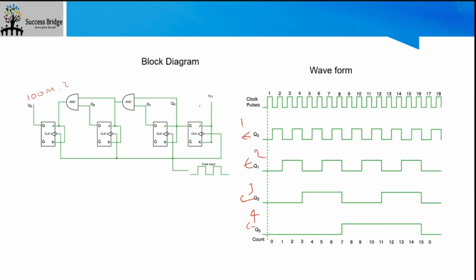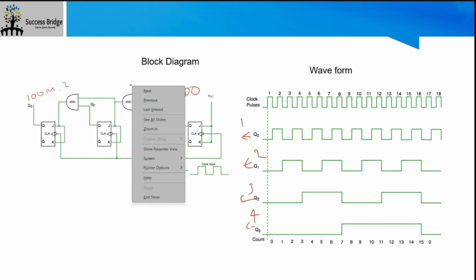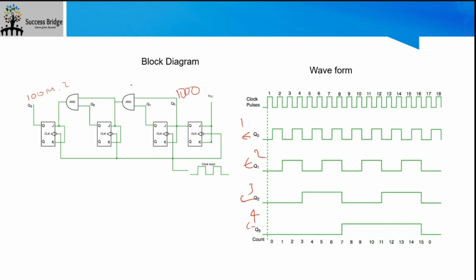This is Q0, 1000 MHz. 1 nanosecond is 1000 MHz.